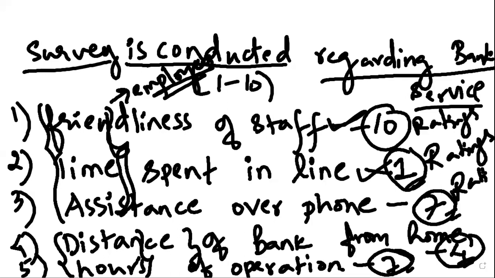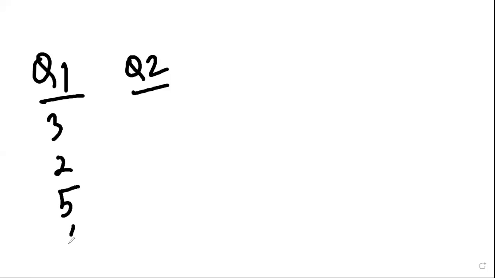Let's go ahead. Now what is being done? For example, question number 1, question number 2. Just one example I'm considering. The rating was 3, 2, 5, 1. Next question.